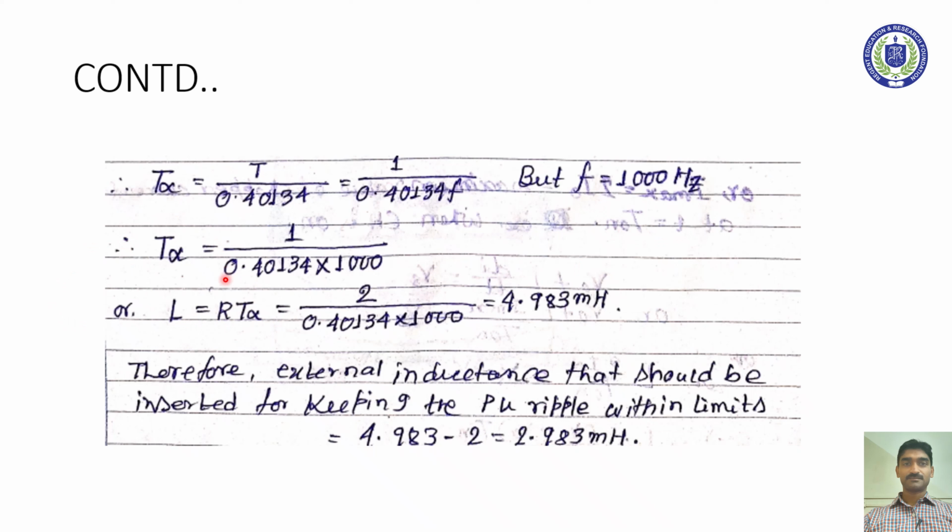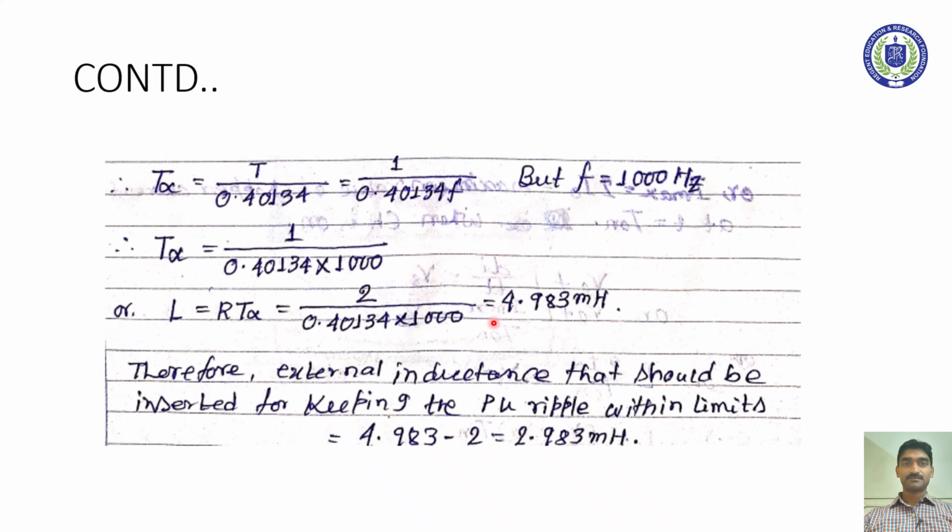Then T alpha is equal to 1 by (0.40134 into 1000) as the frequency, and the inductance L is equal to R times T alpha. That is the value we have obtained from the above equations.